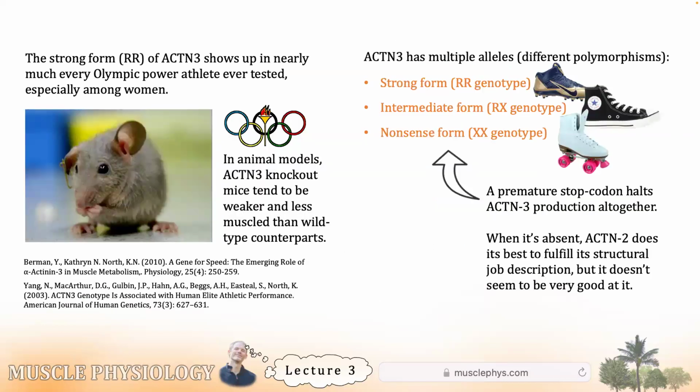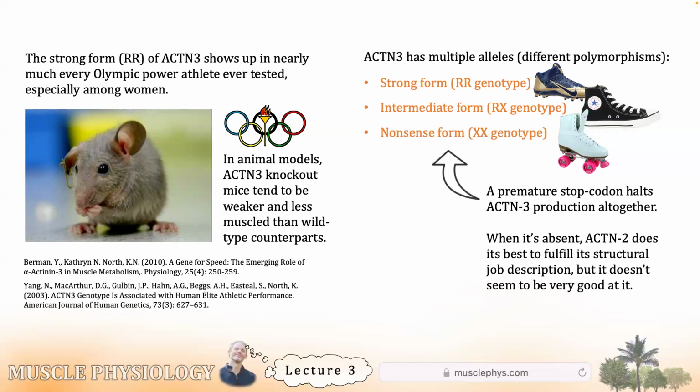But there are a few different versions of actinin 3 that show up in a sarcomere. There's a strong form of it, there's an intermediate form, and then what's called a nonsense SNP, single nucleotide polymorphism. But just think of this nonsense version as a truncated, bad form of alpha-actinin.